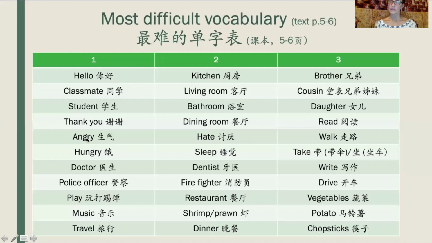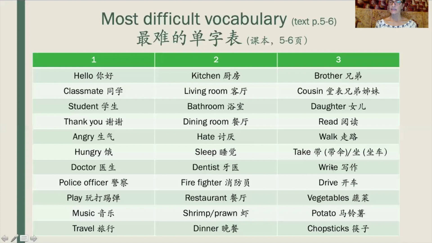Angry. Hate. Walk. Hungry. Sleep. Take. Doctor. Dentist.